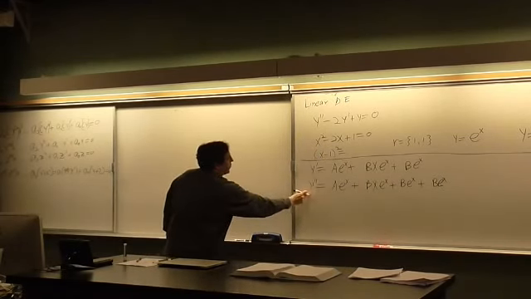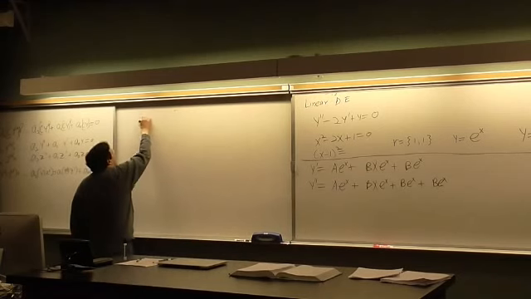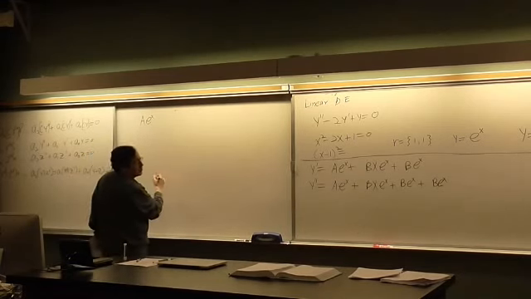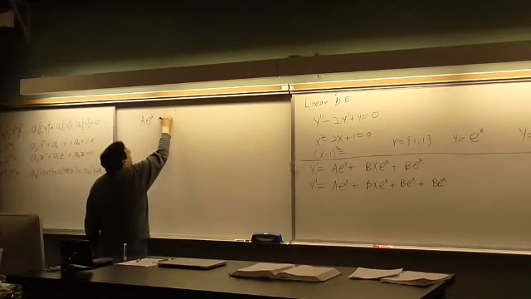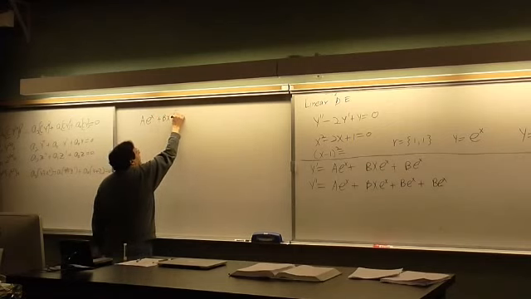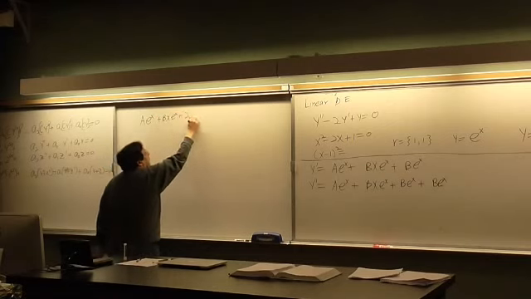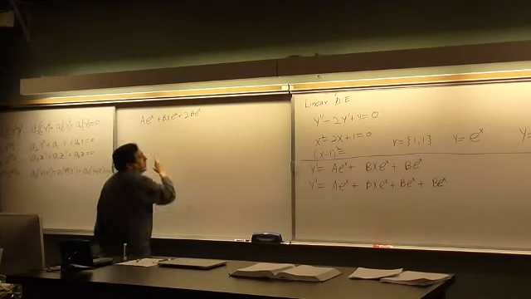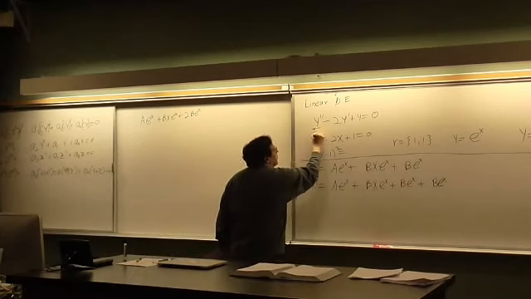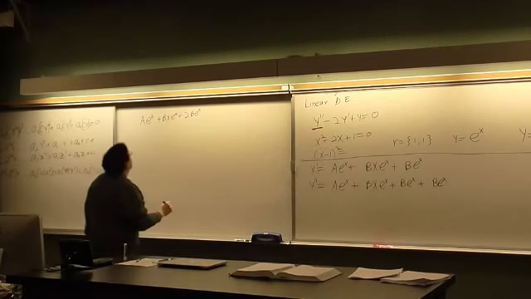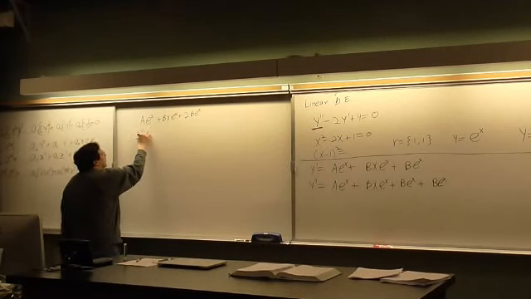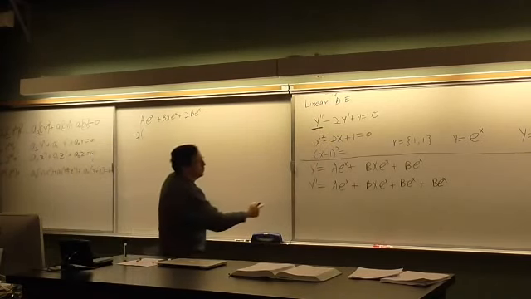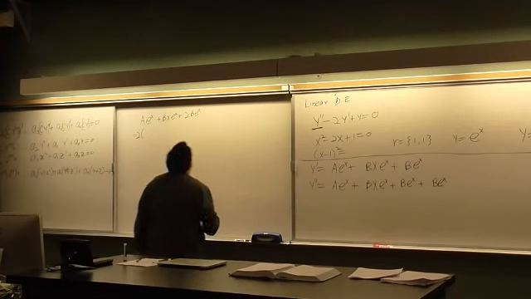So we'll start over here. A e to the x plus b x e to the x plus 2 b e to the x. That's my y double prime. Minus 2 times the derivative, right?